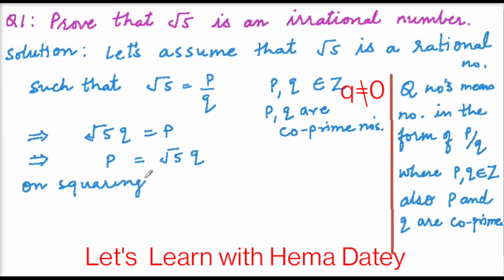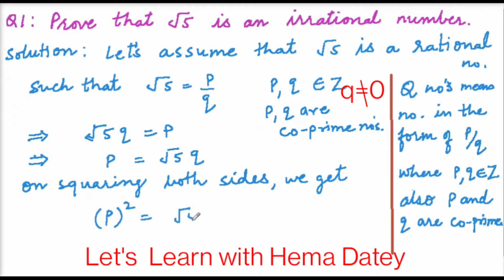On squaring both sides, we get p square equals square root of 5q whole square. This will give us p square equals 5q square. We will name it equation number 1.